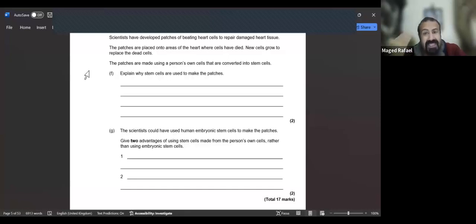This is an extra edition, guys. Try to think. I will let you know the answer, but try to think about stem cells. As we said before, stem cells are undifferentiated cells. This is a 2 marks question and this is a 2 marks question. So show me your answers. I will give you 2 minutes to finish this.